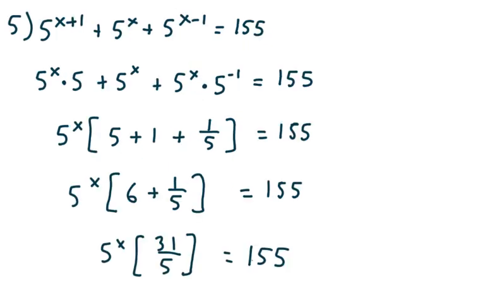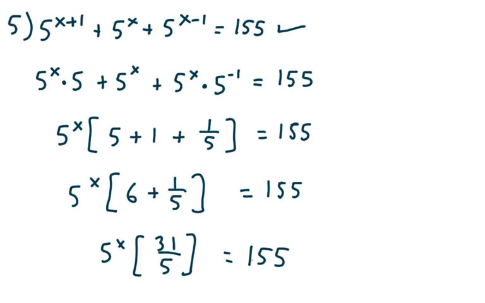So let's take a look at example 5. Suppose 5 to the x plus 1 plus 5 to the x plus 5 to the x minus 1 is equal to 155. I know that 155 seems kind of weird, but you'll see that it works out really nicely.